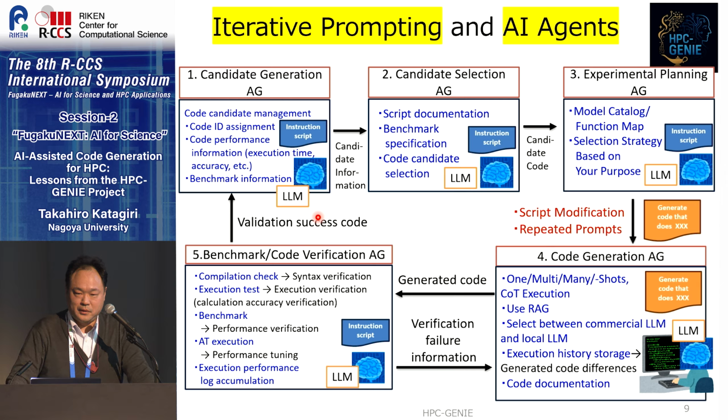This is a loop to improve the performance of the target code. The point here is that we can also put an LLM in each phase. Maybe you are thinking only this phase uses an LLM, but it's not so limited.